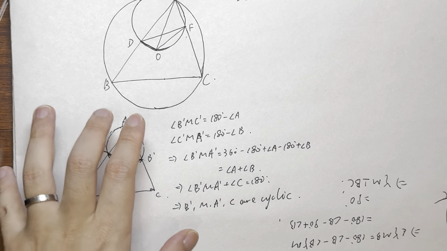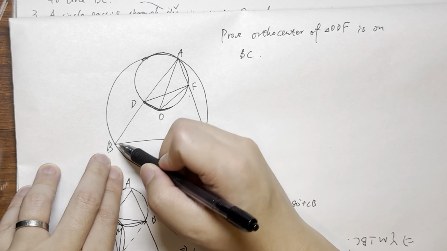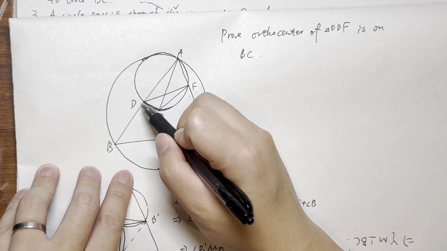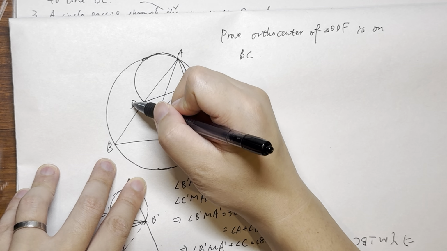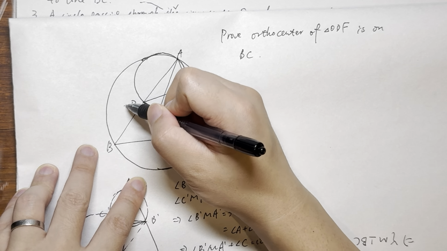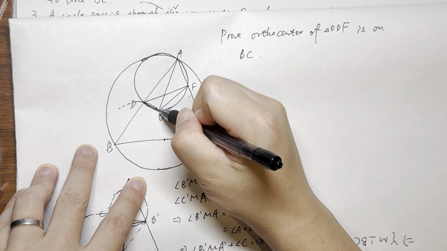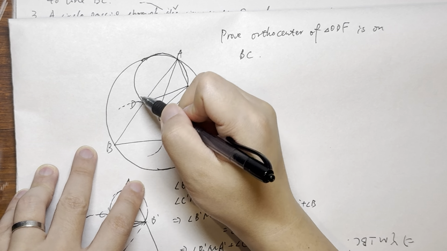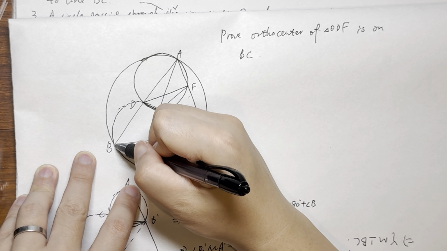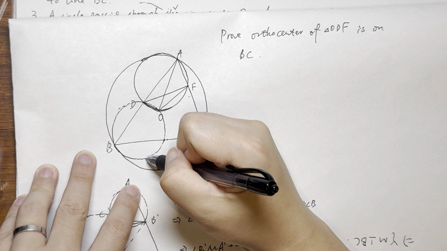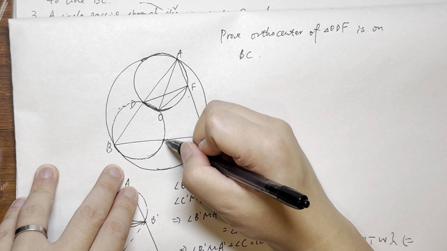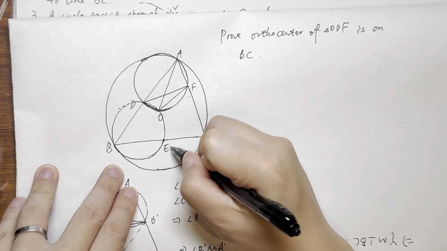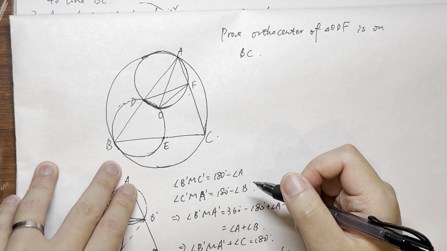Now for this problem, we already have a circle here. Then we can just find the circumcircle of the triangle DBO, which meets BC at another point, let's call it E. Right?